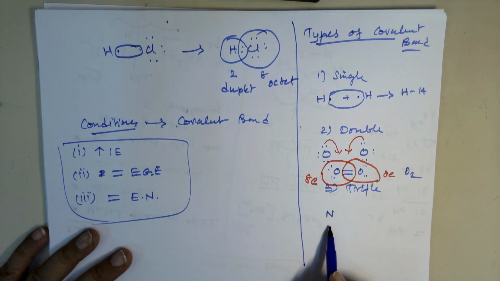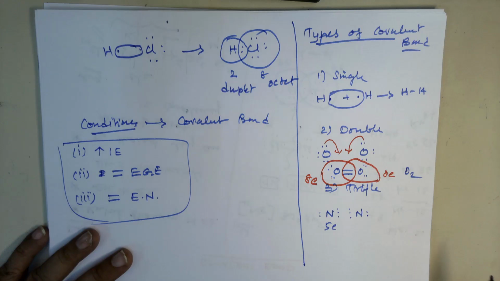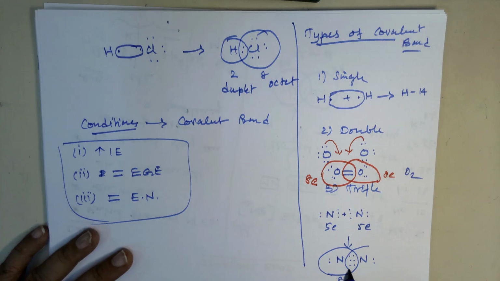Then in the case of the triple bond, let me consider nitrogen. Nitrogen has 5 electrons. Individually they are 5, but once they combine like this, each nitrogen counts 2, 4, 6 plus 2, 8 electrons.